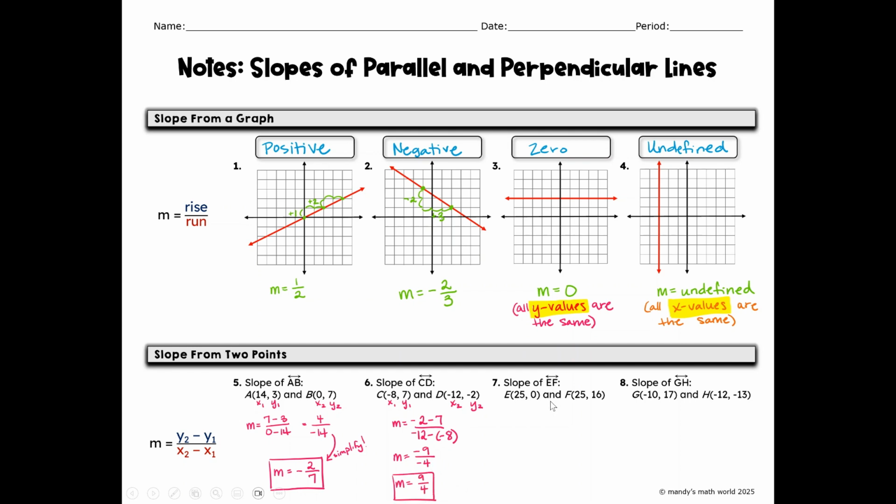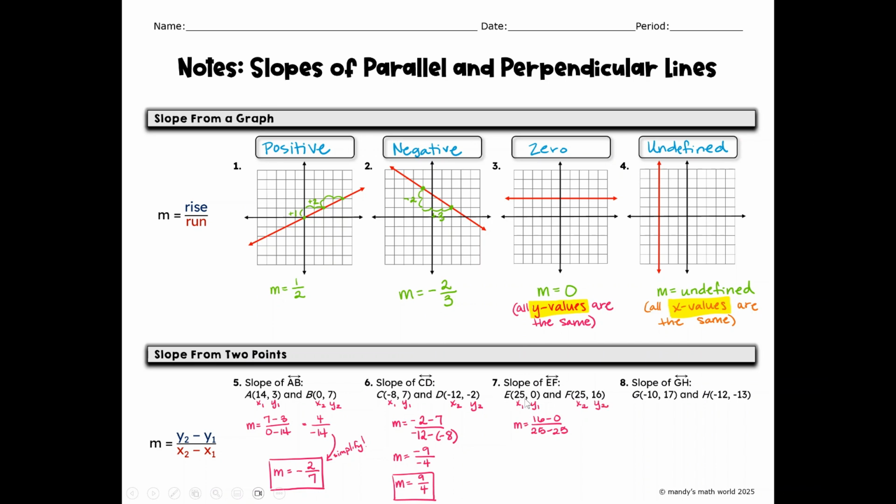Looking at number 7, the slope of line EF with these points, x1, y1, x2, y2. Now I'm going to plug it into my slope formula. That looks like this. And if you labeled this one x2, y2, and this one x1, y1, that's totally fine. It really doesn't matter.